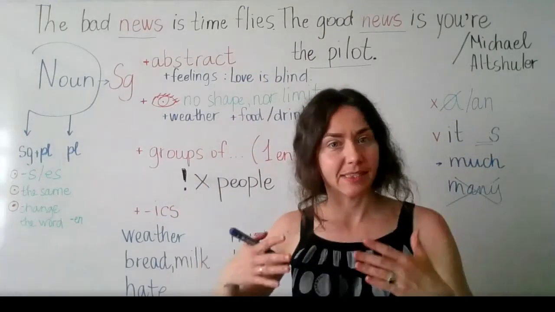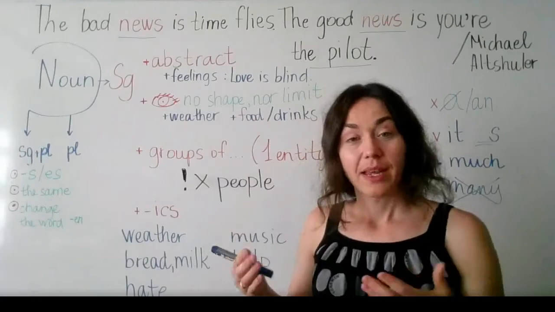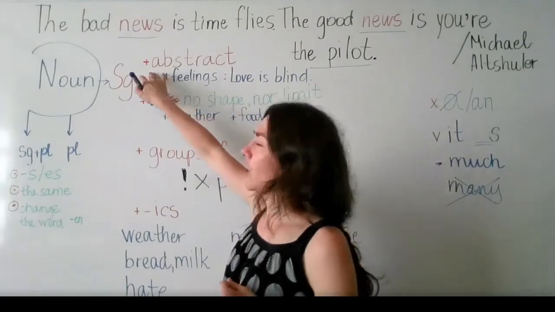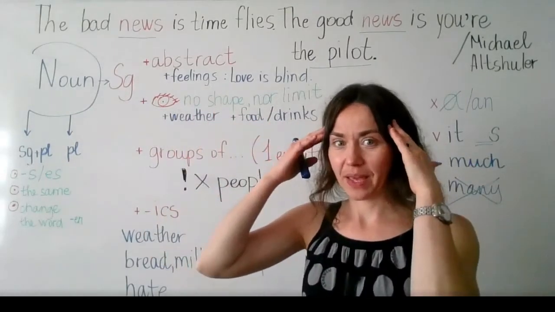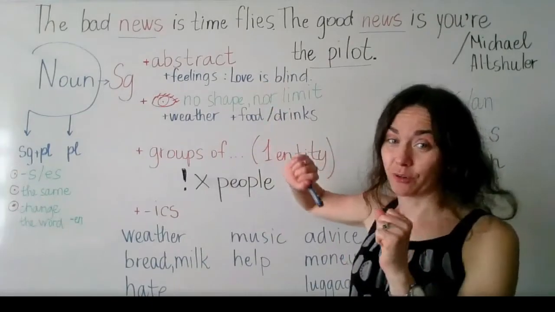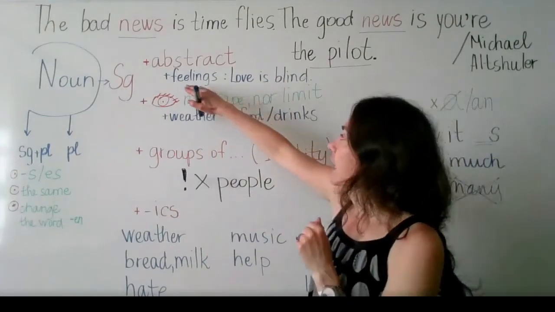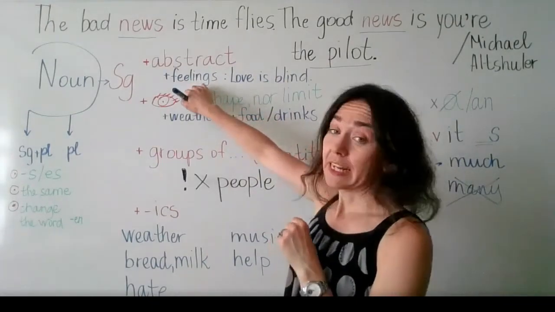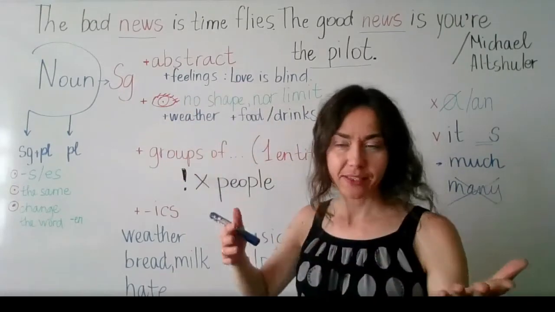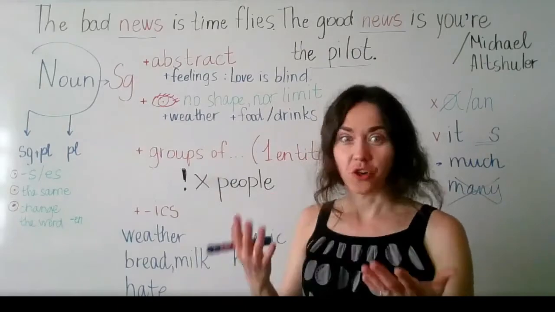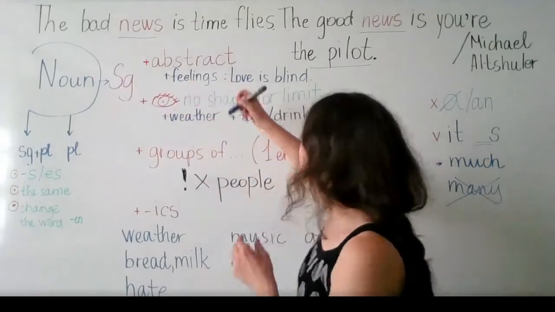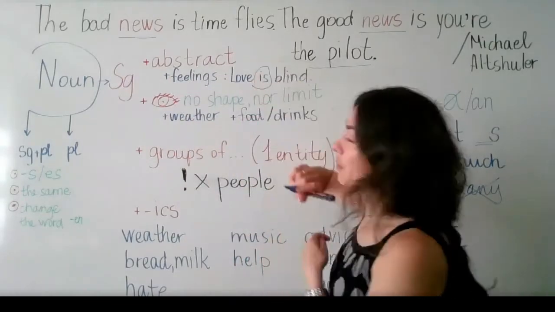You understand this is the feeling and so on, but you cannot touch love. So these abstract nouns, you understand them with your consciousness, but you cannot touch or see them. You notice I have written feelings as well. I've mentioned love, like love, hate, sorrow, joy. So different feelings you feel, always singular. So love, you notice, is blind, singular.